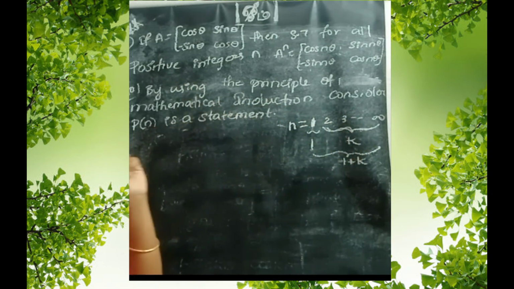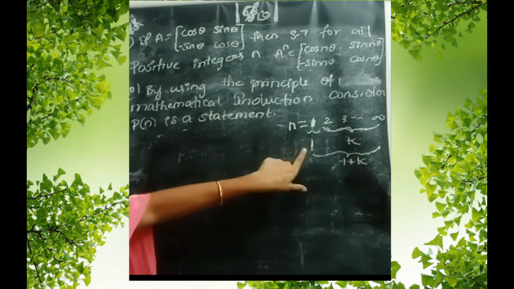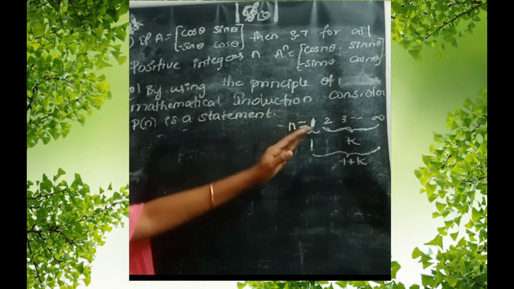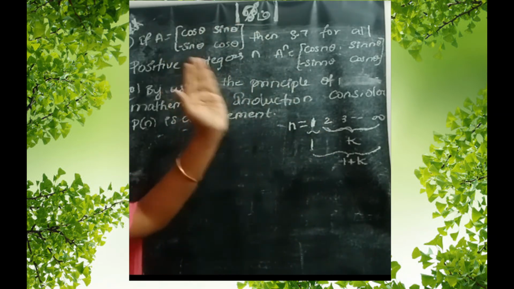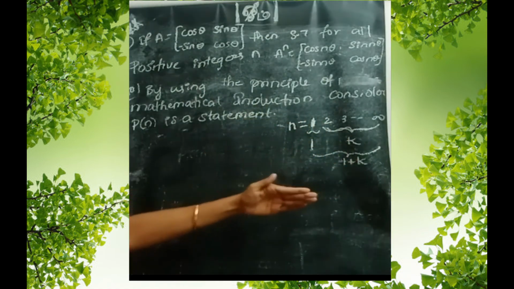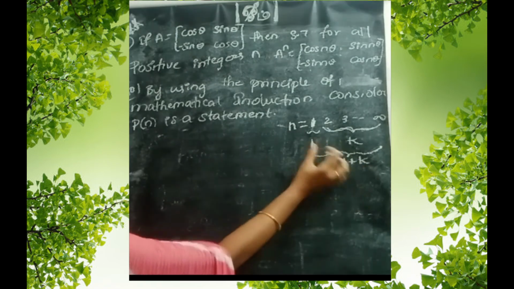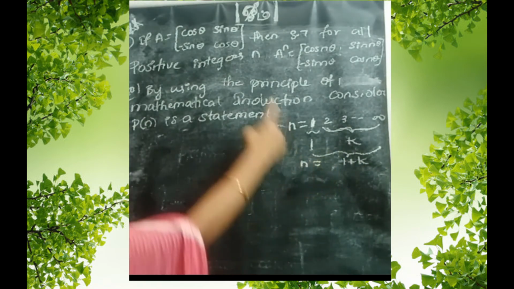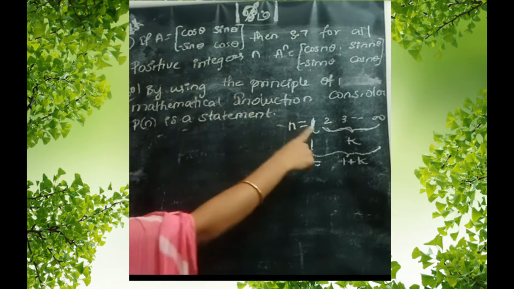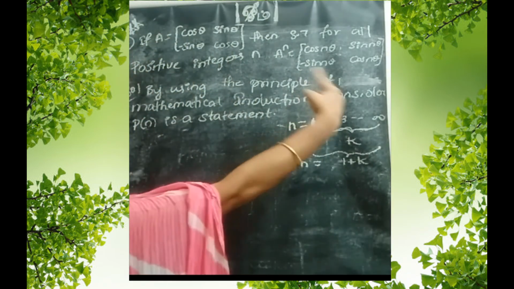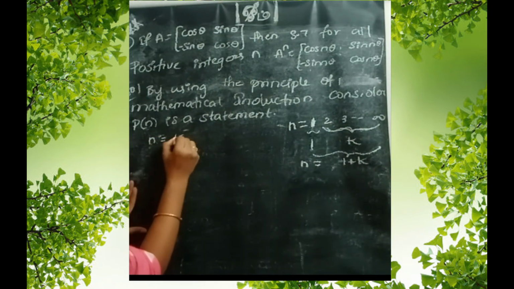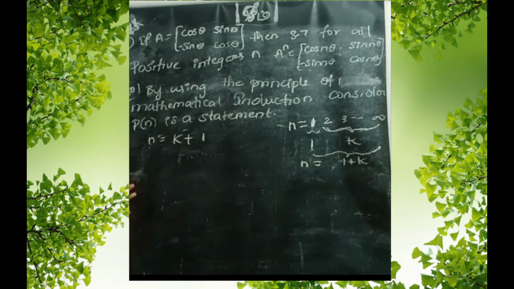We have satisfied the first statement with 1, so P of n is true for n equals 1. And take all the remaining positive integers as k. And we have to add both, 1 plus k. Then only we will get n. Why? Because they have asked to show it for all positive integers, so for 1 and the remaining positive integers. Then n equals k plus 1.